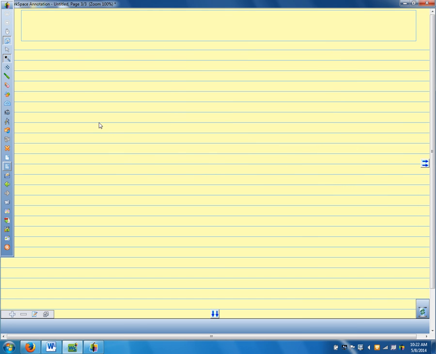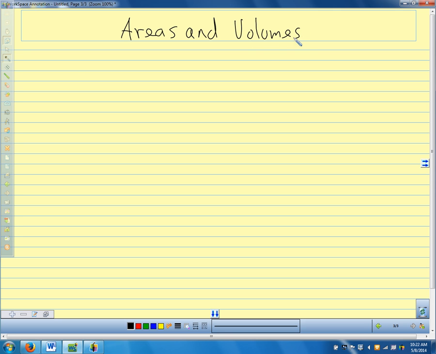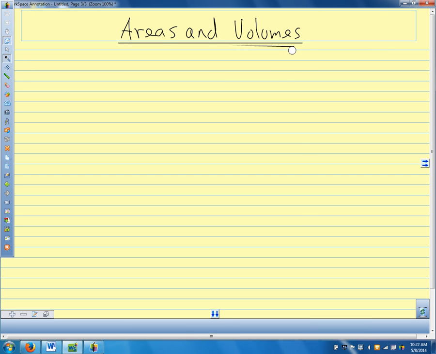All right. So what we're interested in is if we have similar figures, how do their areas and volumes compare? So that's really what we're interested in. How do we work with their areas and volumes if they're similar?